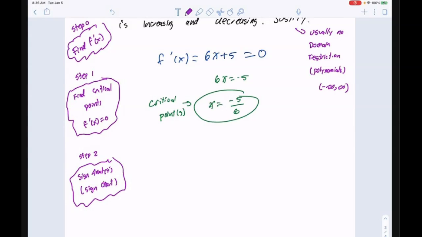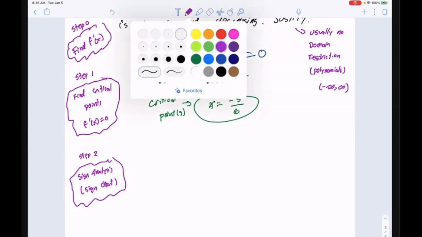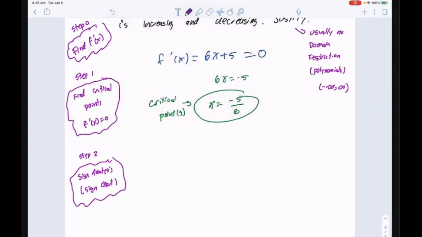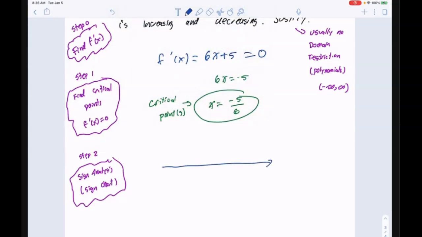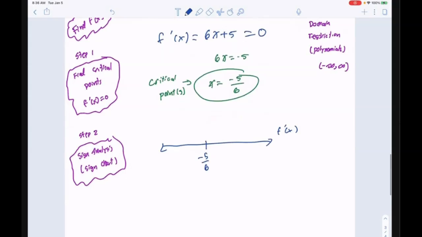And negative 5 over 6, and this is f prime of x. So now there are only two intervals here.